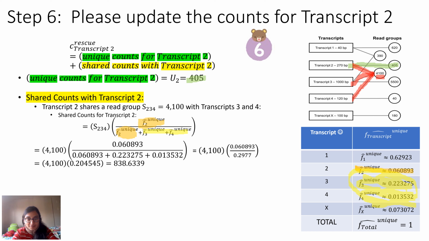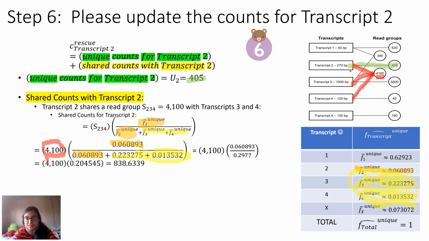You'll notice that these are the same values that we've gotten. And this part here is the 4100 that we have over here.